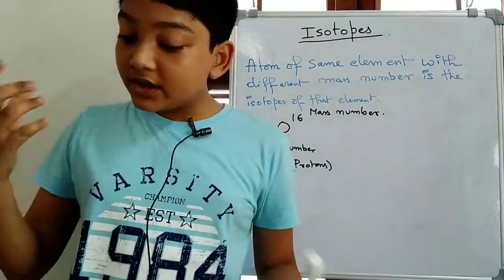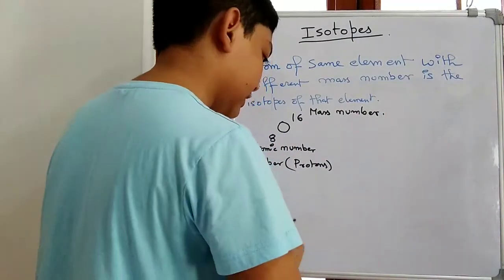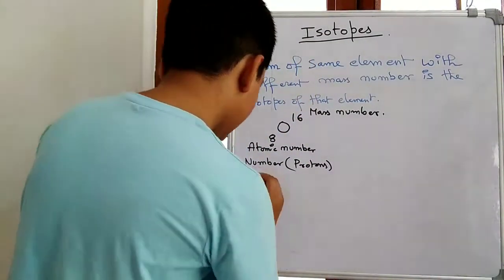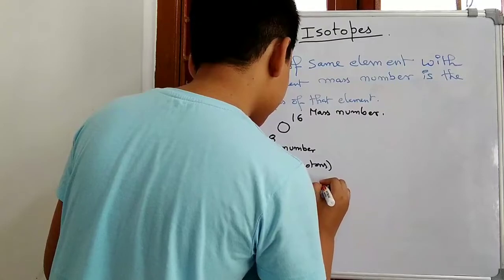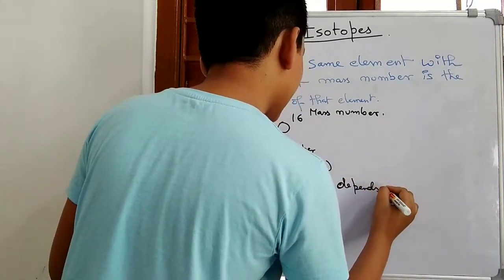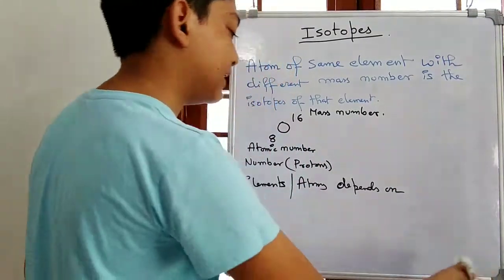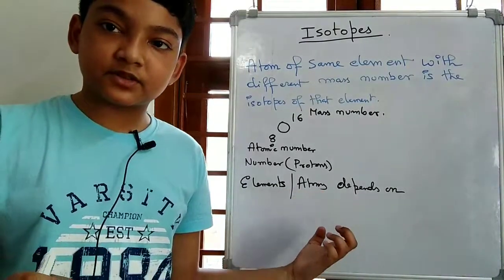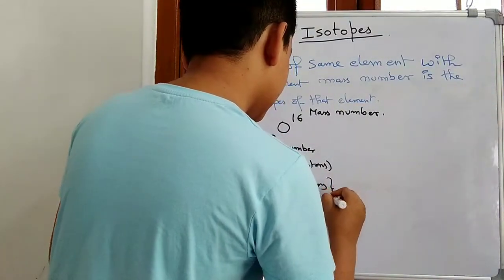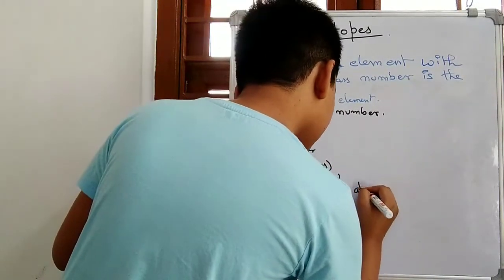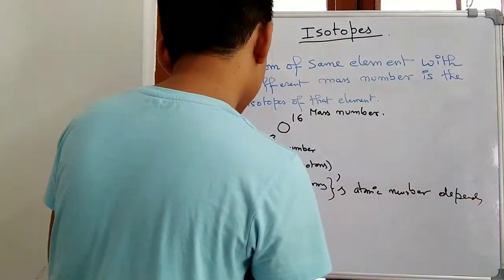Another thing we need to know is that elements, or you may say atoms, have an atomic number which depends on protons.